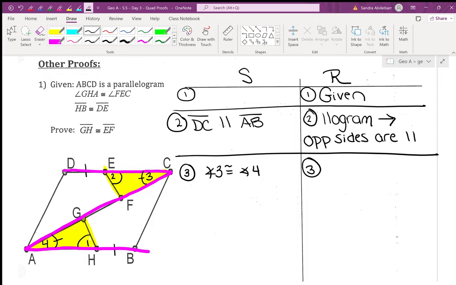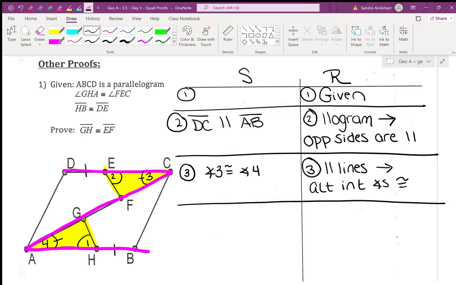Mia? Right, what do I have to put first? You're right, that's the second part. Parallel lines. Yep. Parallel lines yields alternate interior angles congruent. You got it.